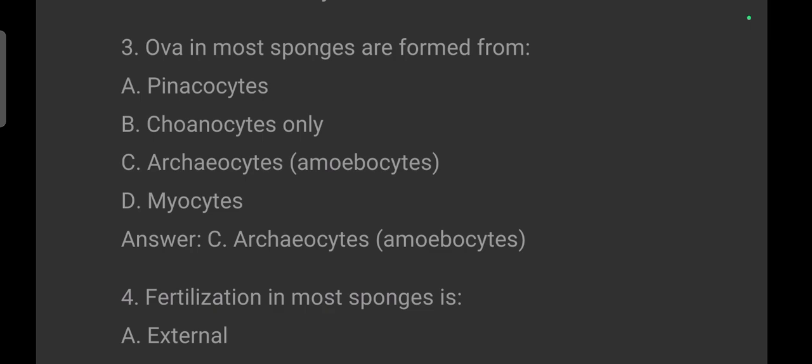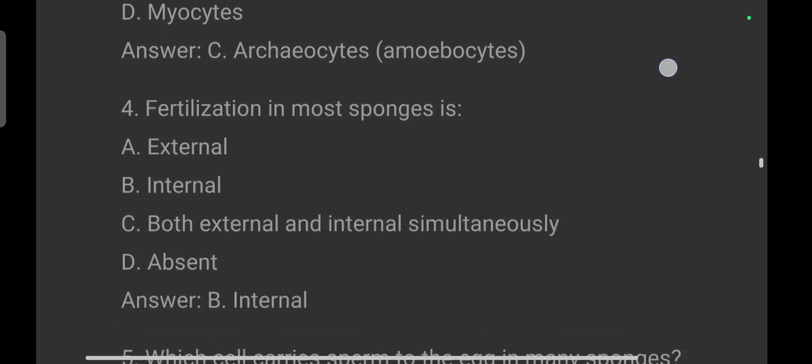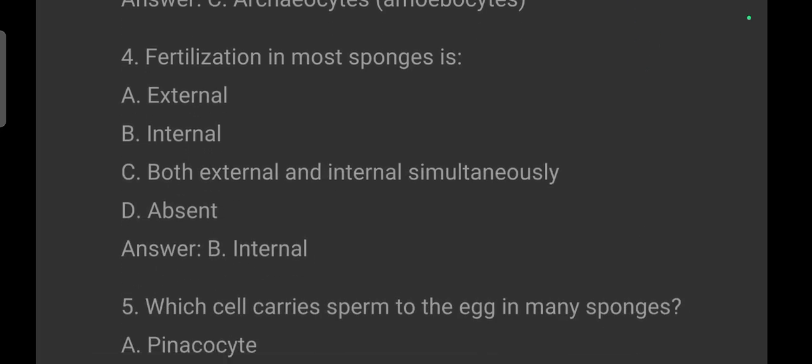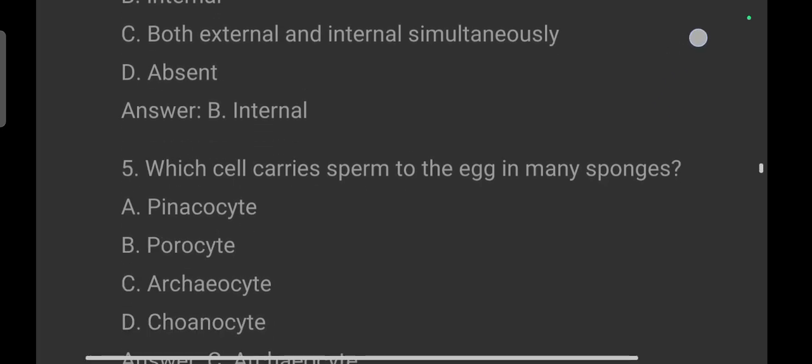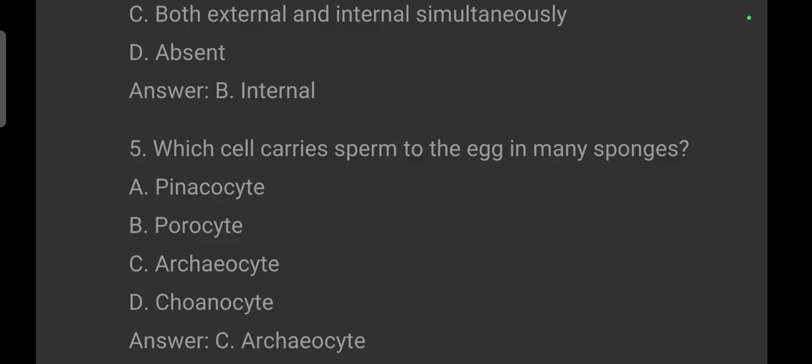Answer is archaeocyte. Fertilization in most sponges is external, internal, both external and internal, or absent. Answer is internal. Which cell carries sperm to the egg in many sponges? Answer is archaeocyte.